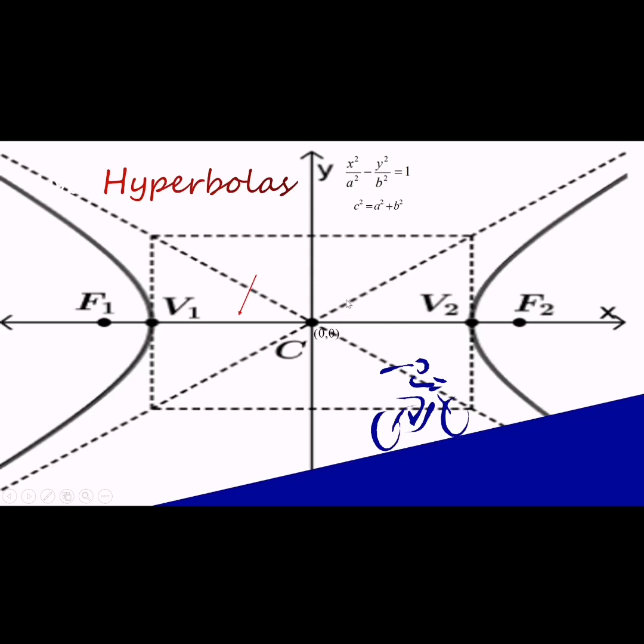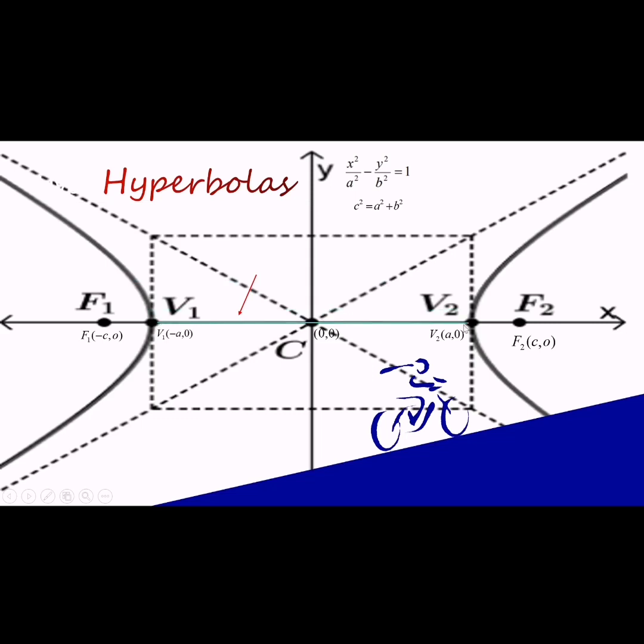So with the center at the origin, and given also the two foci, if one is F sub 1 negative c, 0 and the other focus is F sub 2 c, 0, and we have also the vertices. It is indicated as V sub 1 negative a, 0 and V sub 2 a, 0.